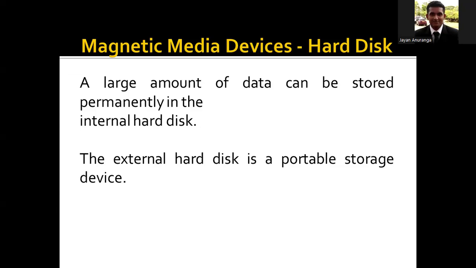The external hard disk is a portable storage device. I explained in the previous slide that the hard disk can be divided into internal and external. The external hard disk is a portable storage device. We can plug it into any laptop or computer. We can bring it and take it away to any place.